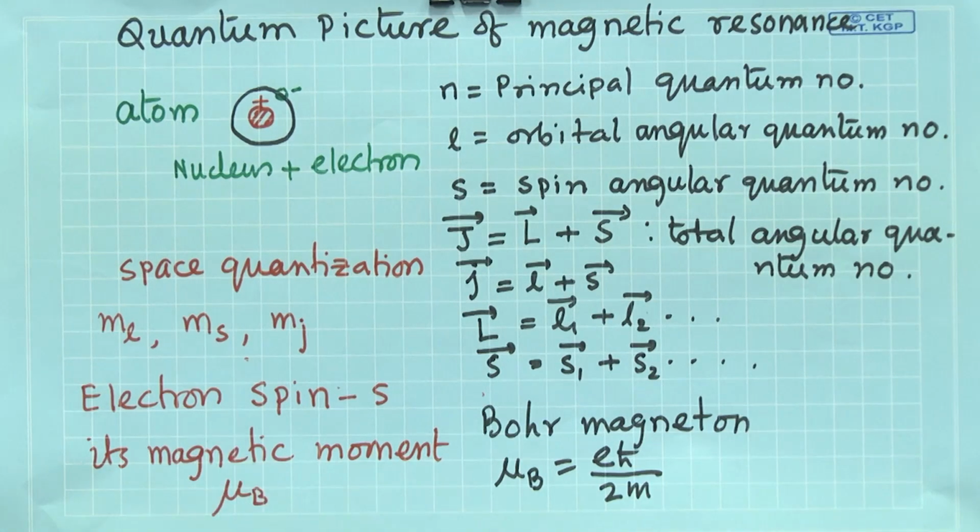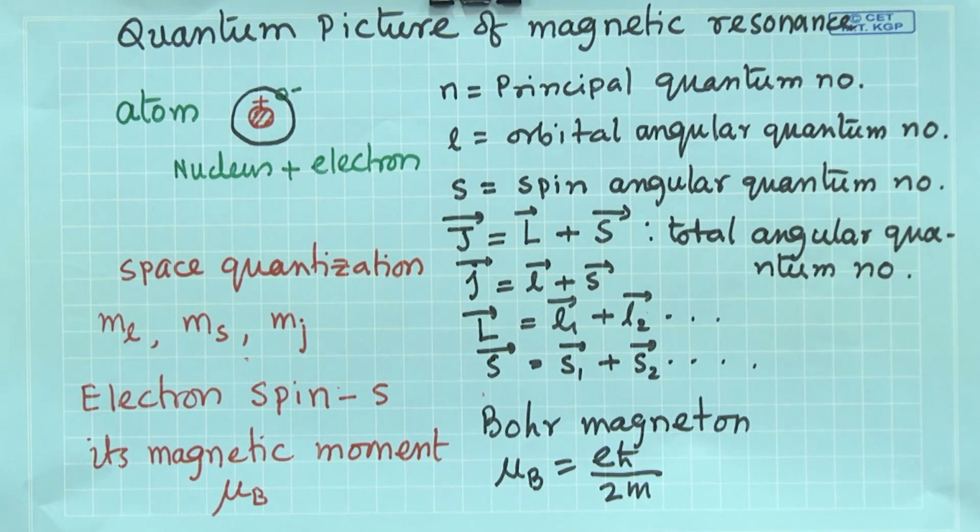So, mu b is basically called the Bohr magneton, and that is equal to mu b equals eh cross by 2m. Okay. So, Bohr magneton, you know this. From this expression you can see it depends on the universal constants: e the electronic charge, h the Planck constant, and m the mass of the electron.